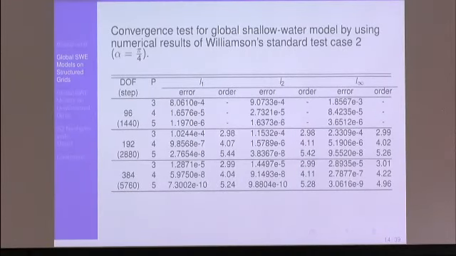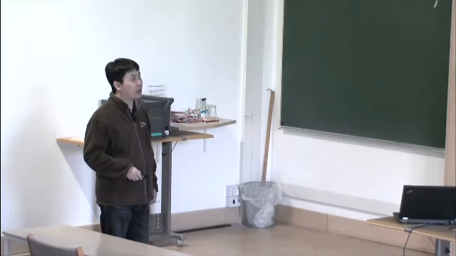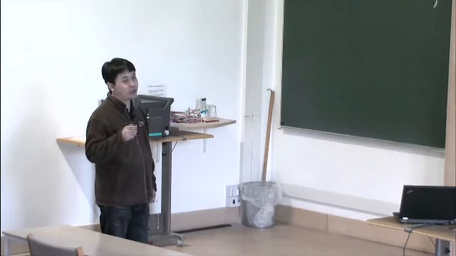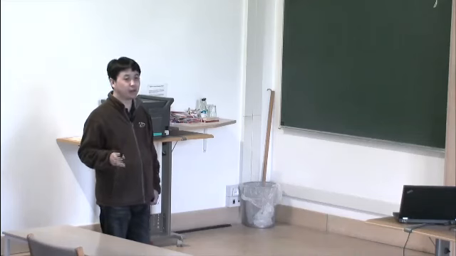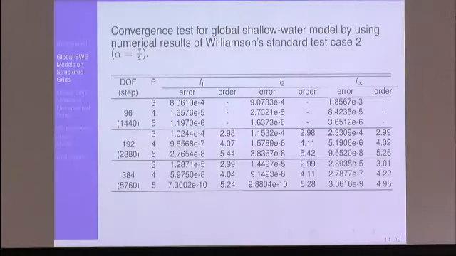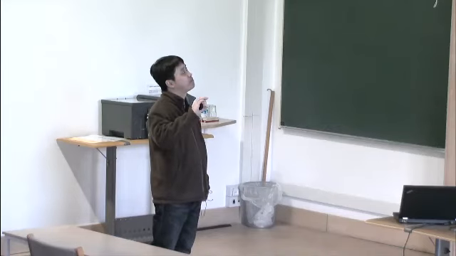The next one is the convergence test for the shallow water equation. We use Williamson standard test case 2 because this test case has a very smooth distribution, and we also know the analytic solution, which is the same as the initial condition. The flow direction is northeast, corresponding to alpha equals pi over 4. It is the most challenging case on the cubed sphere.